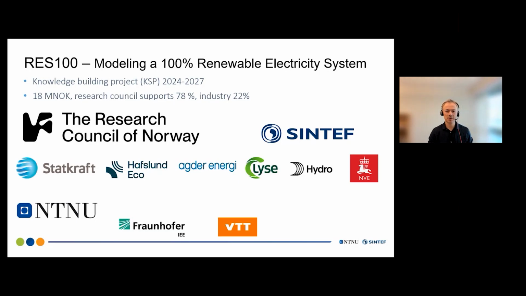And so this is important. So this project is supported by the Research Council of Norway and a set of hydropower producers, Statkraft, Hafslund, Agder, Lyse, Hydro, and also regulator NVE, with SINTEF leading the project and NTNU, Fraunhofer, and VTT as research partners.